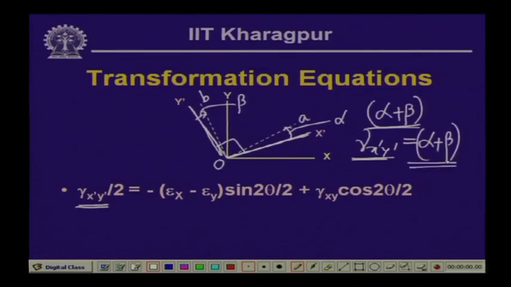Now, corresponding to the 3 changes that we have seen in case of plane strain, corresponding to stretching in the x direction, stretching in the y direction, and because of the shearing strain, the diagonal which is along the x dashed axis had undergone changes in the angle, and those angles, if we join them together, we will get the final position of the diagonal.